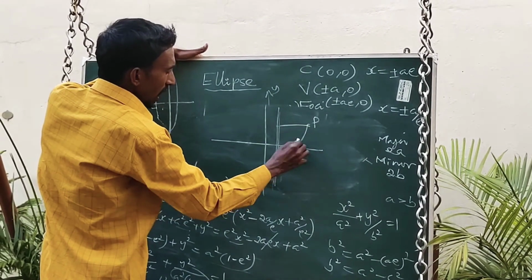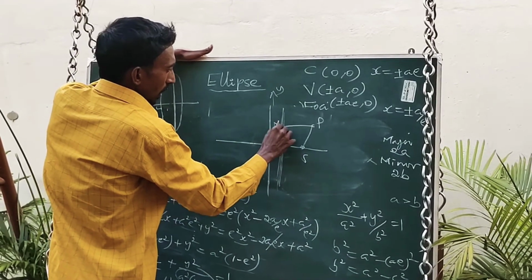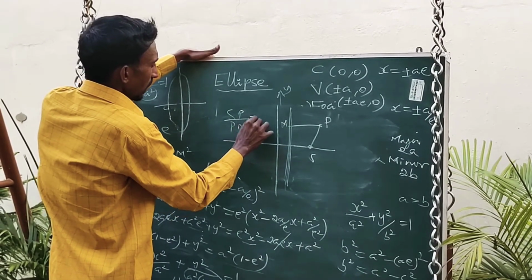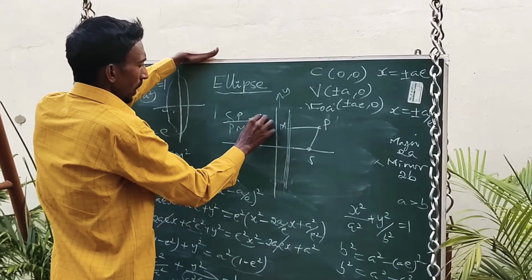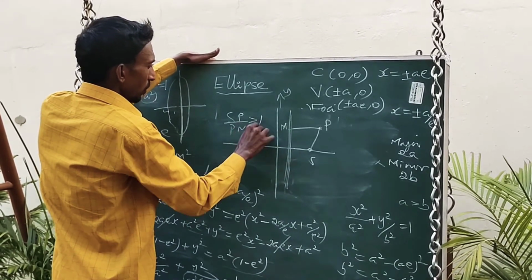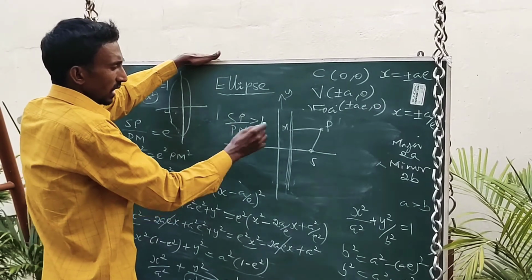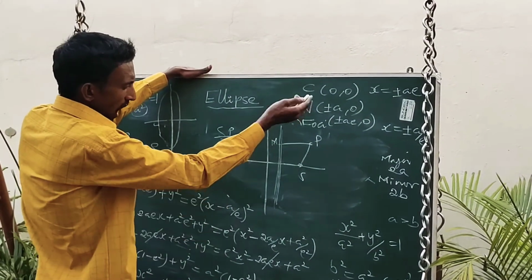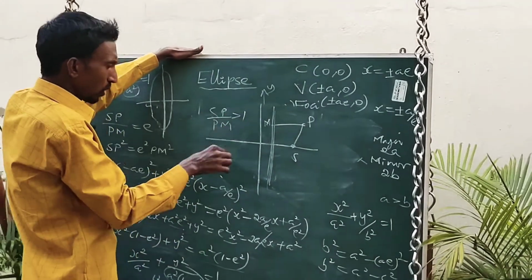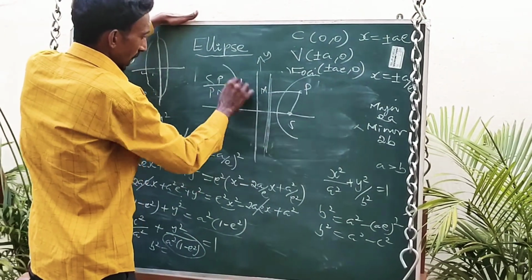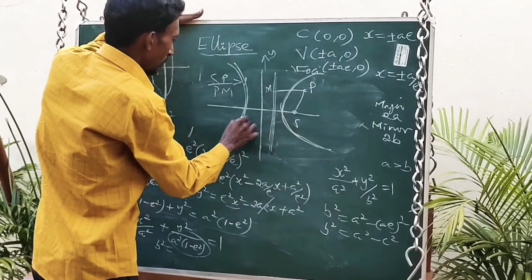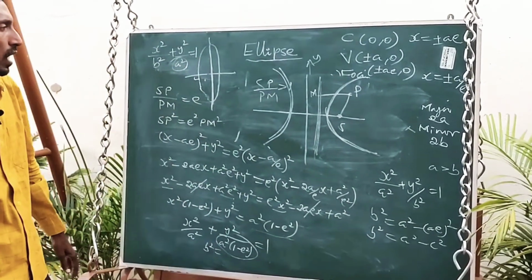The reason is that SP by PM equal to e is greater than 1, so SP is greater than PM. With respect to that condition, if we move the point, we get a curve like this. So it is called a hyperbola. It is the first type.